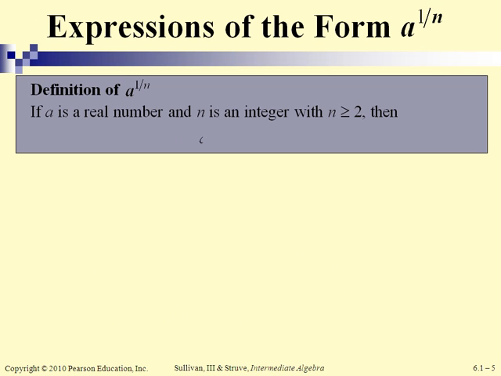Okay? All right. Now, we are going to define what we mean by a to the power 1 over n. And you learned that before. If the exponent is rational, then you are going to have a radical expression, right? So a to the power 1 over n is the nth root of a. So a to the power 1/2 is what? Square root of a. A to the power 1/3 is what?